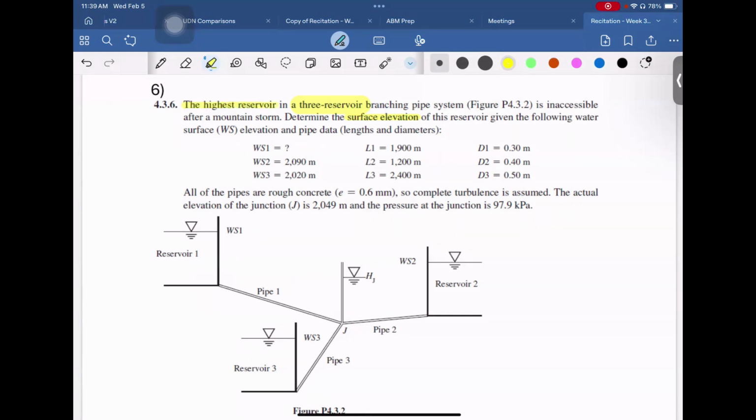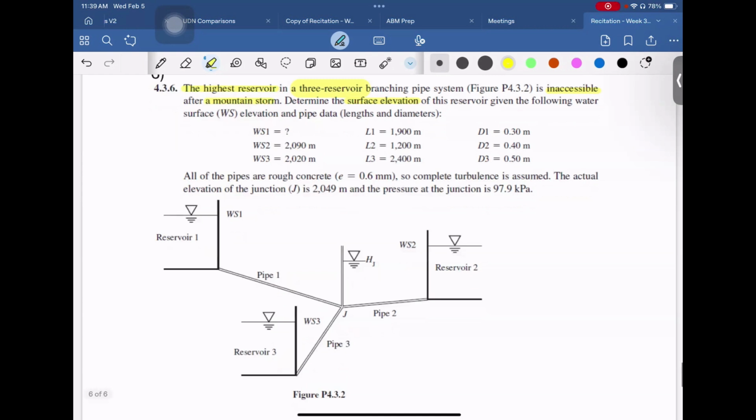So the highest reservoir is inaccessible after a mountain storm. So we are going to find the surface elevation of this reservoir. And we have these values here. All of the pipes are rough concrete with a roughness of 0.6 millimeters. So we are assuming a complete turbulence.